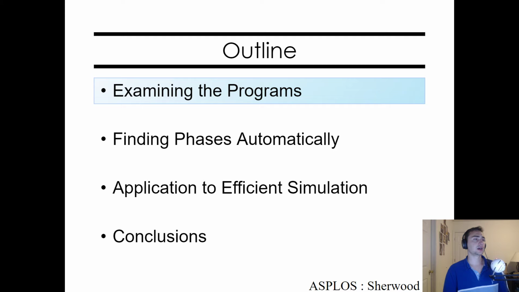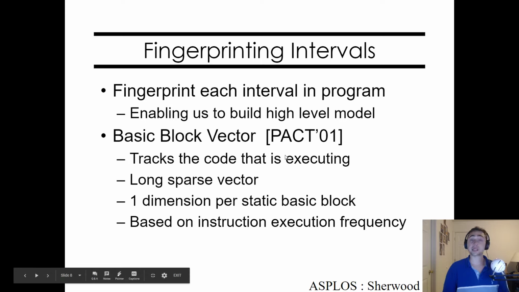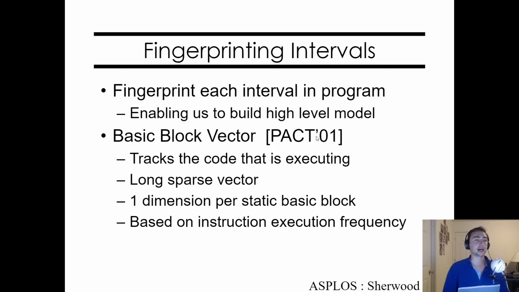So let's talk about examining programs a little bit. We really want to be able to fingerprint these intervals. Fingerprinting each interval in a program enables us to build this high-level model. And that's what this first paper in this series was part of, from PACT 2001, called Basic Block Vectors.